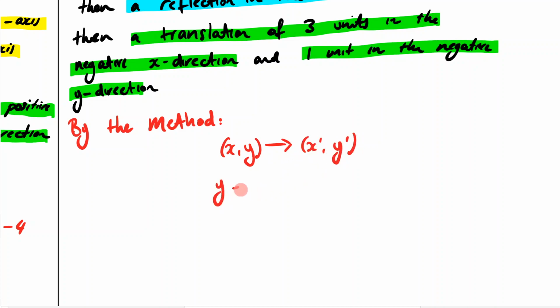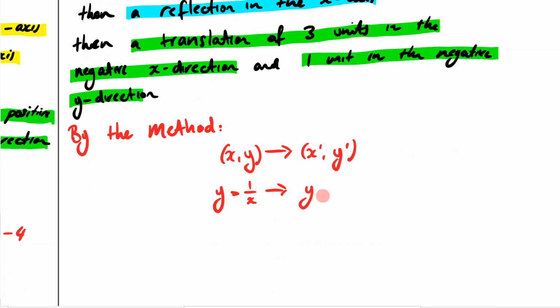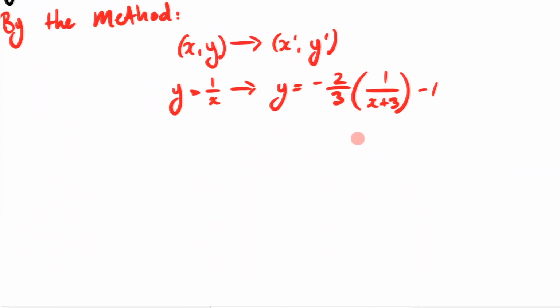My original graph is y is equal to 1 on x, and the graph that I'm going to is y equals -2 on 3, then it was 1 over x plus 3, minus 1, like that.